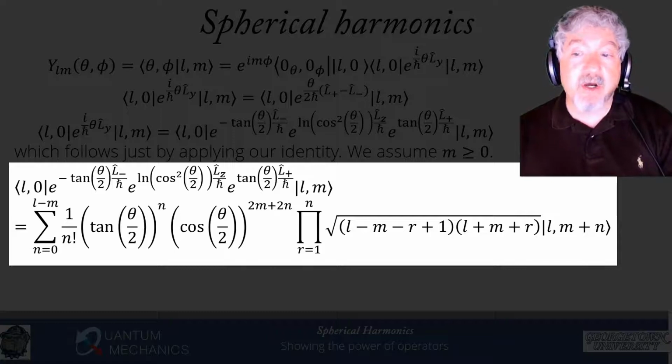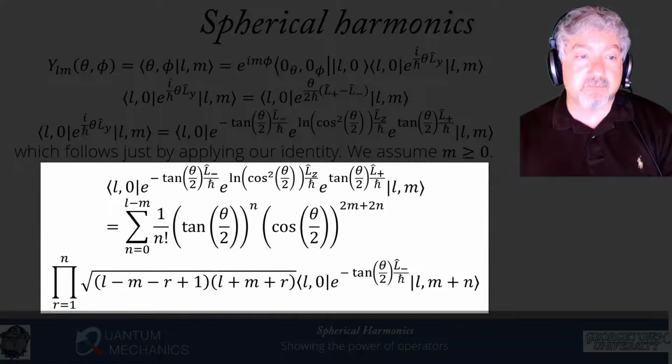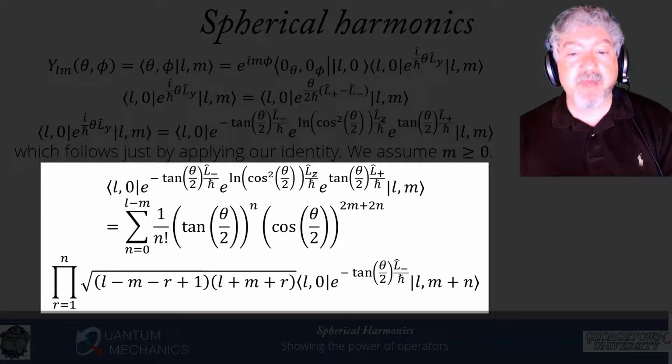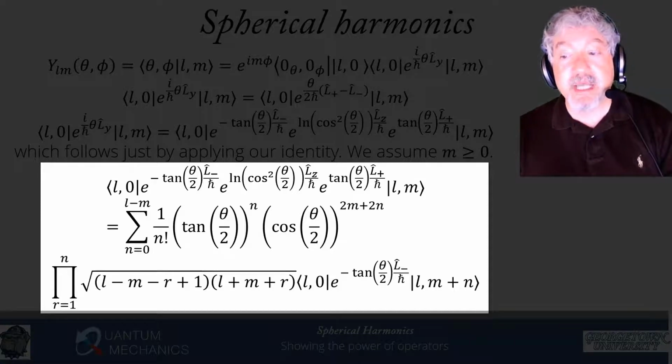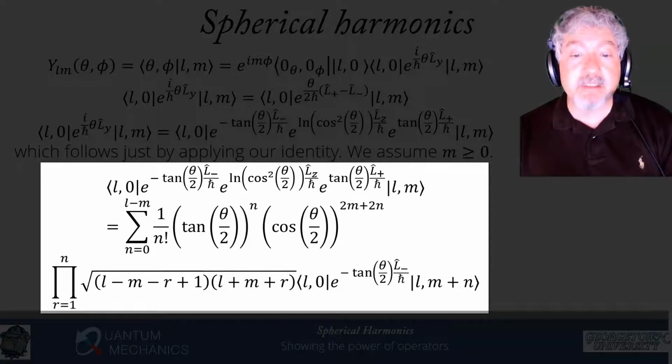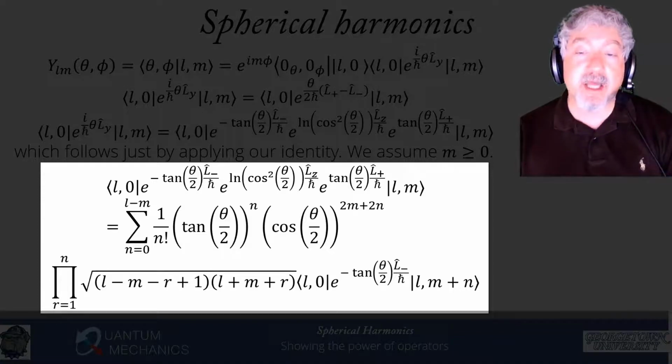And now we're going to bring in our last factor. The last factor is this exponential of the tangent with an L minus. I'm also bringing in the bra, which is the L comma 0. That bra tells me that I have to look at the power that is the m plus nth power in that exponential. Only that term will contribute. And when that term contributes, it's going to lower the L comma m plus n state down to L comma 0.